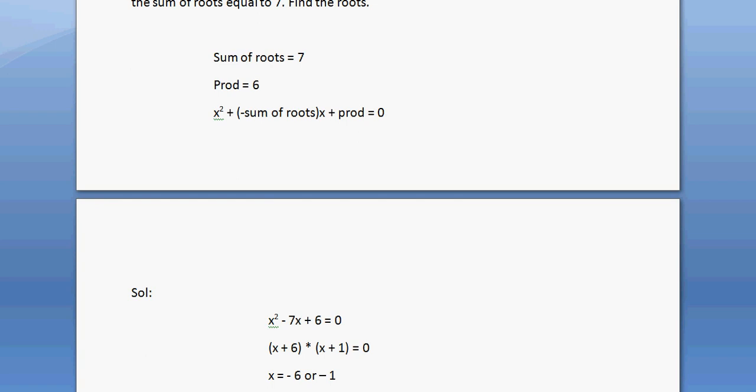So the equation would become x square minus 7x plus 6 is equal to 0. So this is the equation.